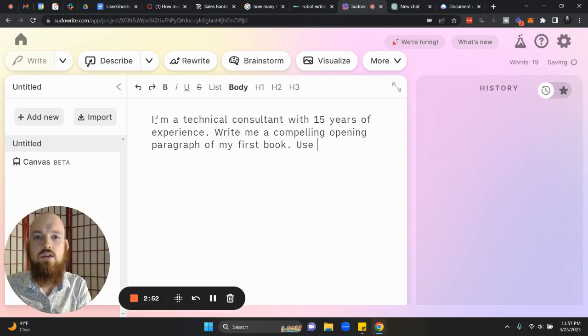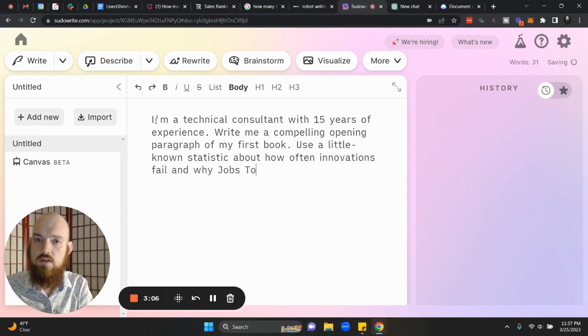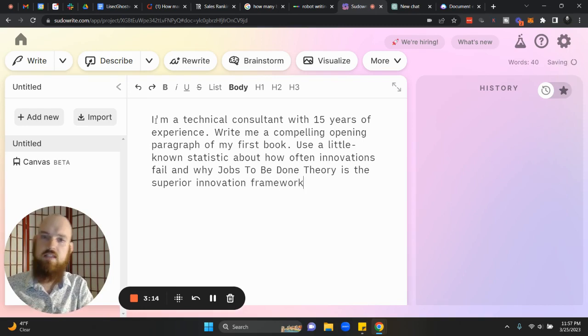Use a little known statistic about how often innovations fail and why jobs to be done theory is the superior innovation framework. Okay, let's say that that's what you want to get across in the opening chapter of the book.